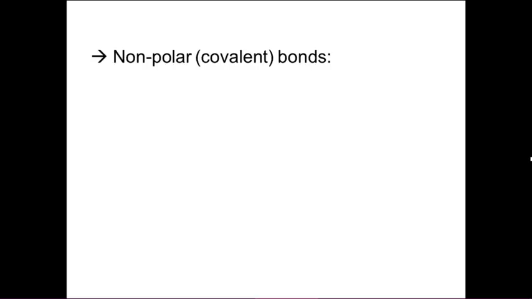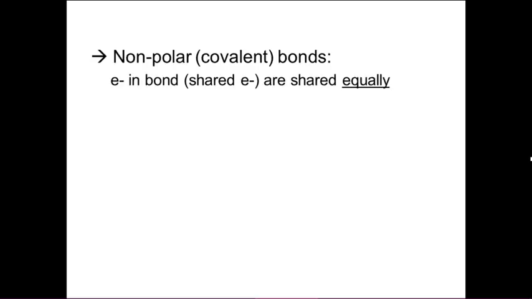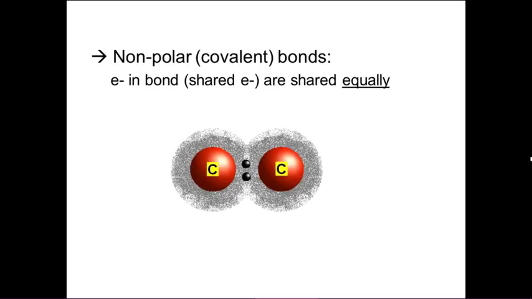Nonpolar covalent bonds means that the electrons that are in the bond, in other words, the shared electrons, are shared equally between the atoms. Here is an example. If you have a carbon-carbon bond, another way to write this would be a CC bond, and those are those 2 electrons.